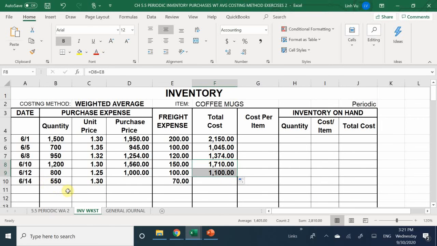Last but not least, on the 14th of June, I purchased 550 coffee mugs at $1.30 with a freight of 70. What is my total purchase price here? $715. And my total is $785.